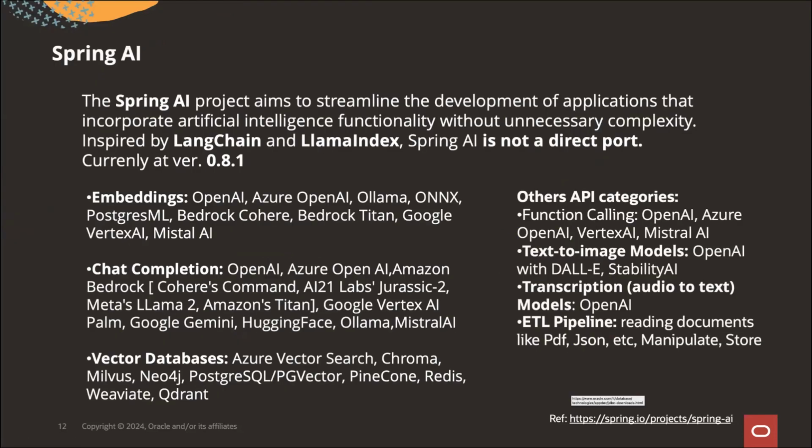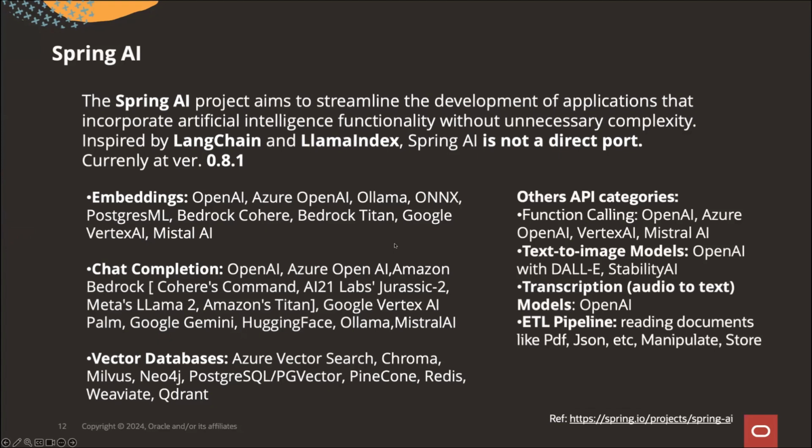Spring AI is a project in the ecosystem of Spring Boot. So if you are familiar with Spring, you will find the same easy tooling in terms of creating a project and starting a Hello World.